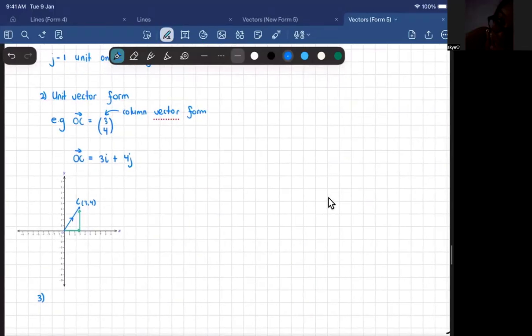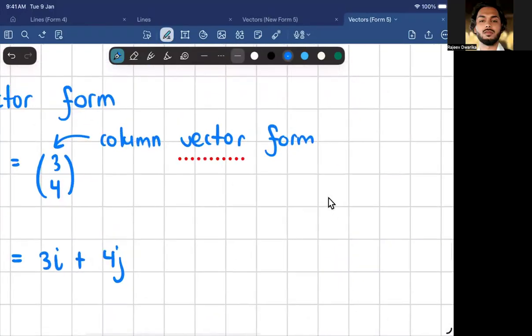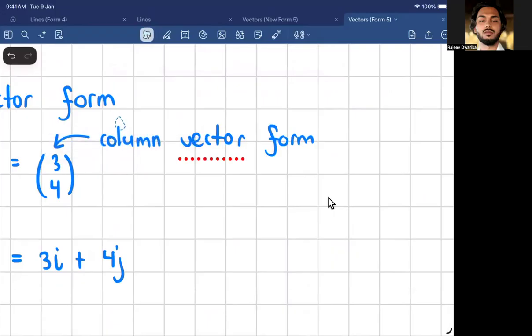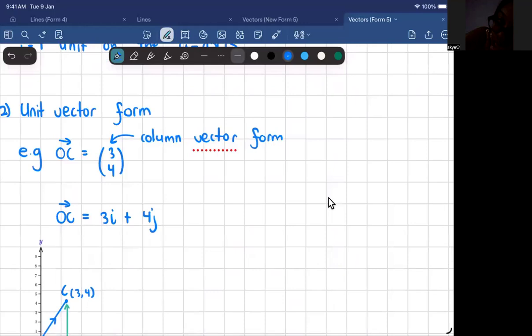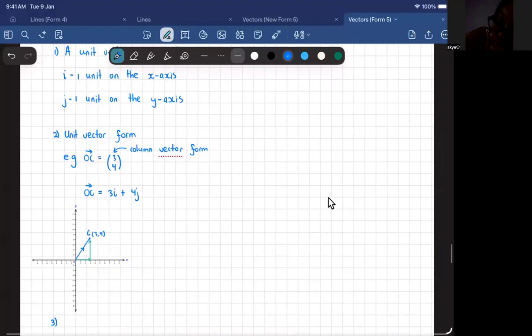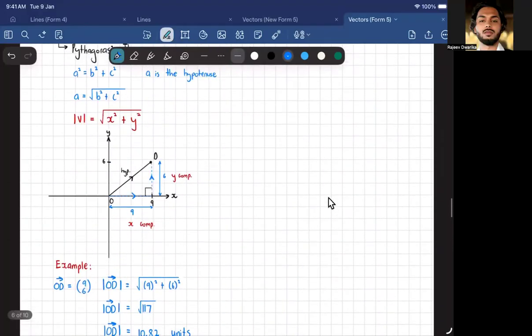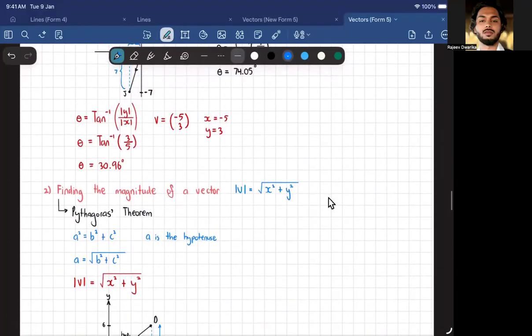Yes, sir. No. Say that again. You remember how to find the magnitude of a vector? Honestly, last class we looked at the angle and the magnitude. To find the magnitude was this formula over here.